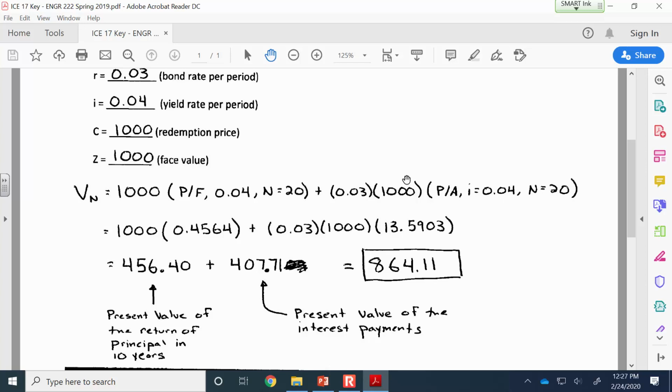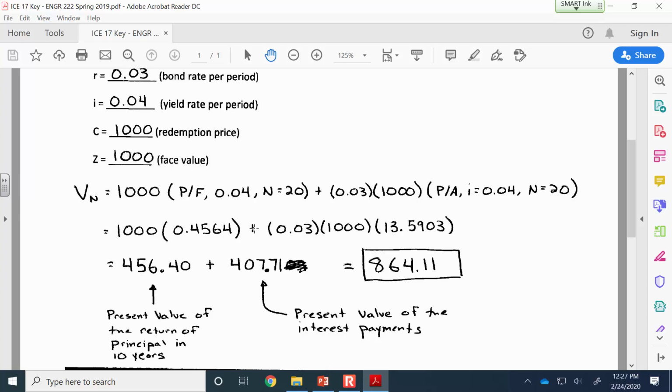So it's the $30 in interest each time. Sometimes you wouldn't even necessarily need to know the bond rate if you knew the amount that it paid. They could just directly tell you it's $30 per period, and so $30 per period is R times Z together.